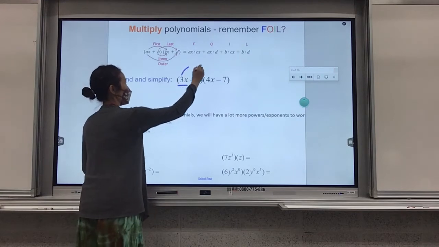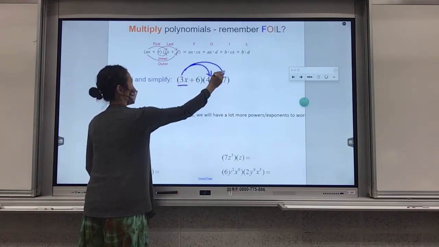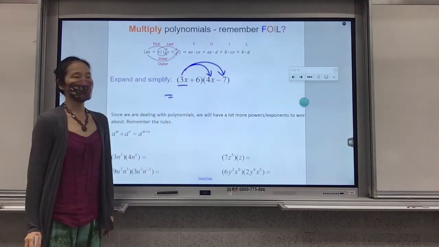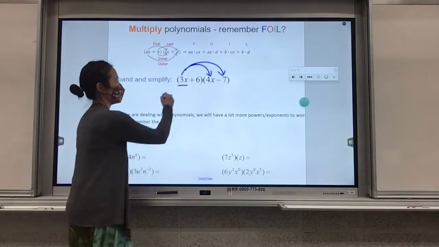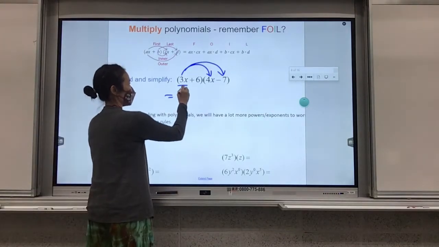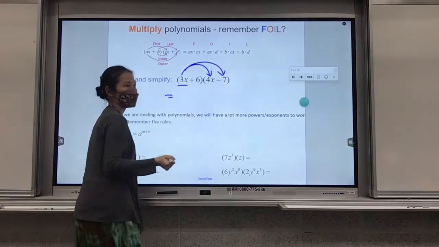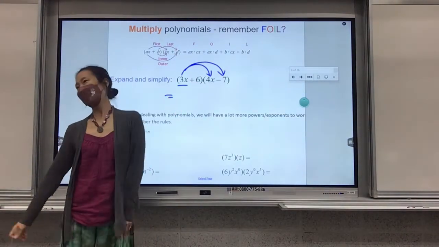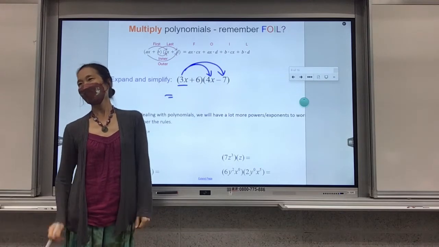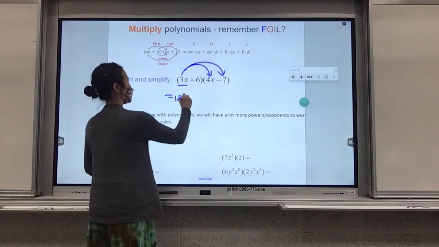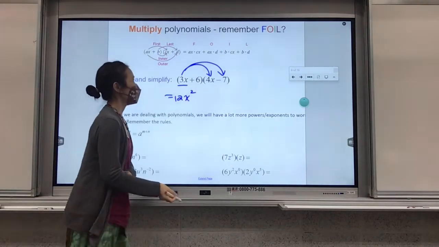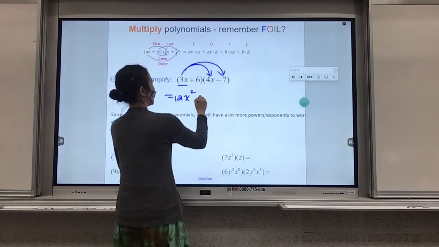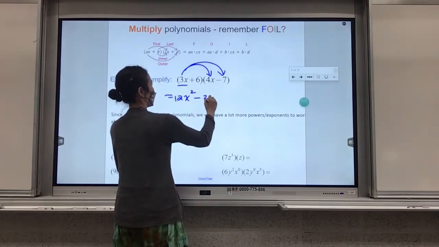The first term needs to multiply each factor in the back. So 3x times 4x. Aiden, what is 3x times 4x? 12x squared. Perfect. 12x squared. And then we're going to do minus 21x.